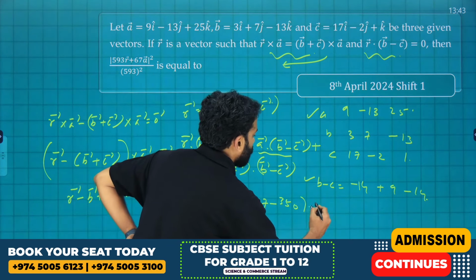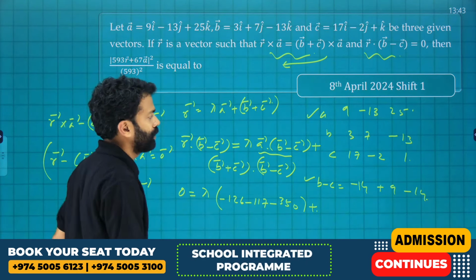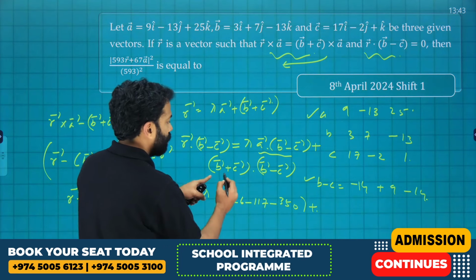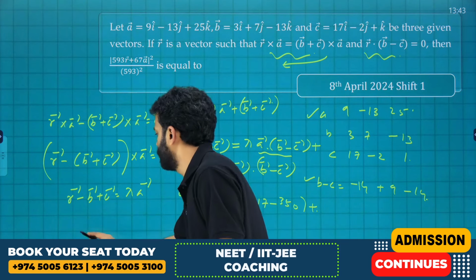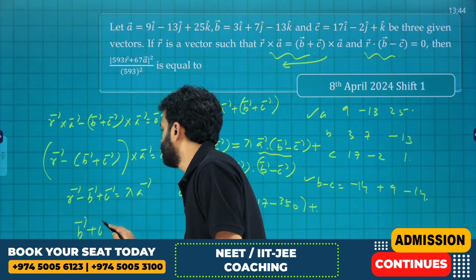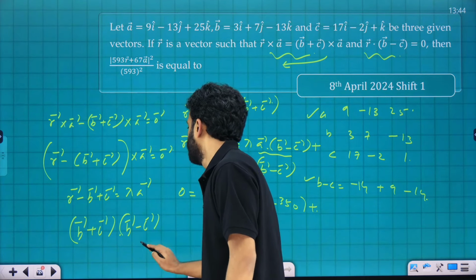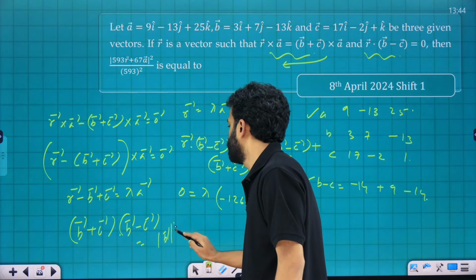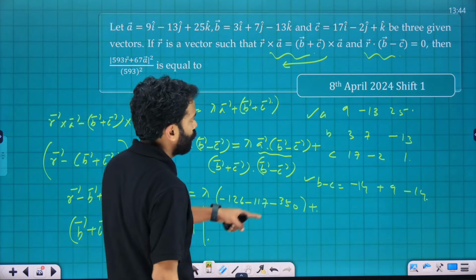Plus this will be magnitude of b square minus magnitude of c square. Vector b plus vector c dot vector b minus vector c is equal to magnitude of b square minus magnitude of c square.